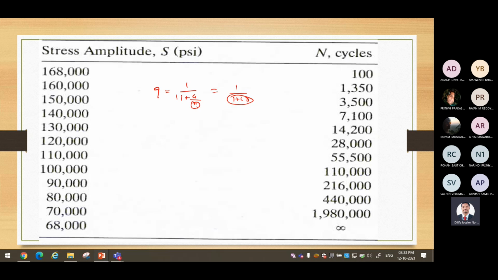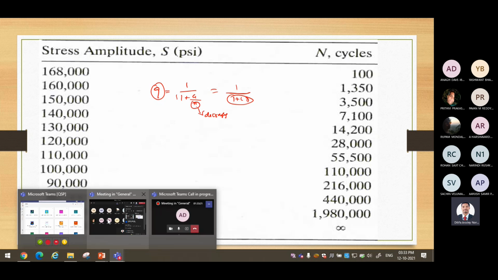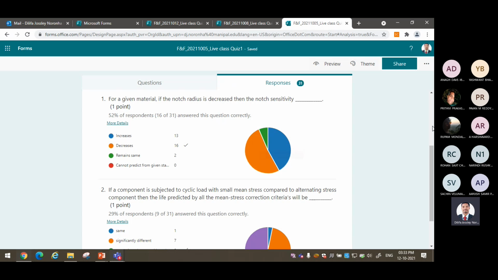If r decreases, the denominator is going to increase. If the denominator is large, the notch sensitivity factor q becomes smaller and smaller. That is the concept you have to utilize for this particular question.